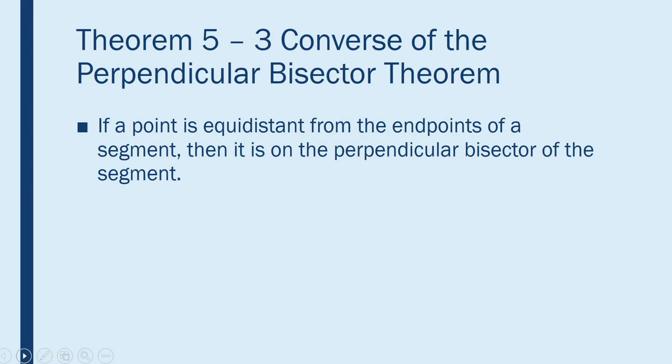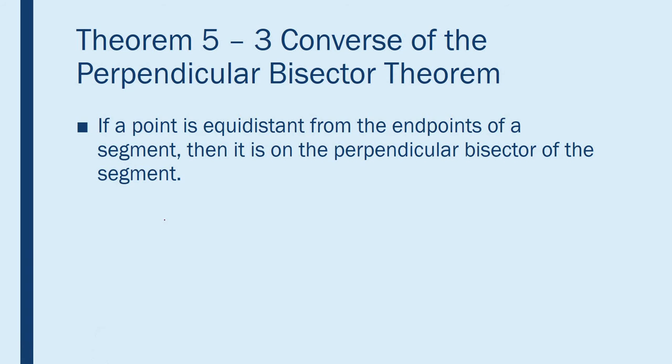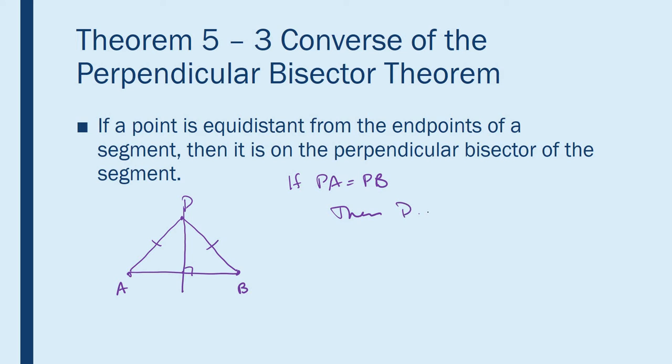Then we have a converse of that. If a point is equidistant from the endpoints of a segment, then it is on the perpendicular bisector. In other words, if a point P is equidistant from the endpoints of a segment, so if PA equals PB, then P is on the perpendicular bisector.